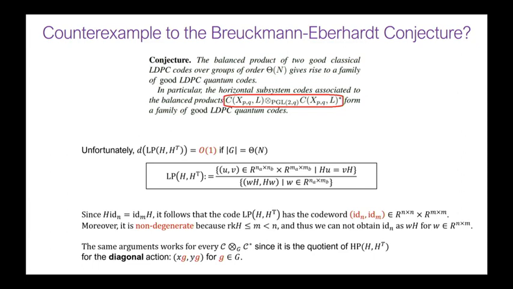If you look at this equation that defines this code, you can see that it defines U and V such that HU equals VH. But if you substitute U and V equal to identity matrices, then you always get a code word. And moreover, it is not just a code word, but a non-degenerate code word because you cannot obtain it from the lower part.